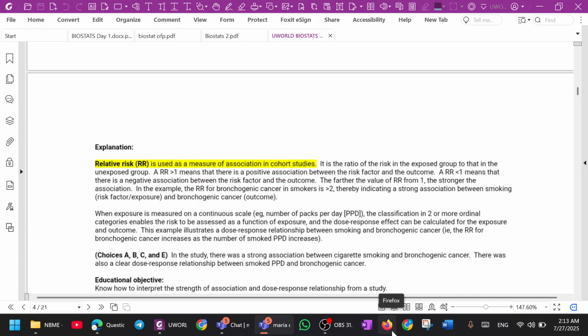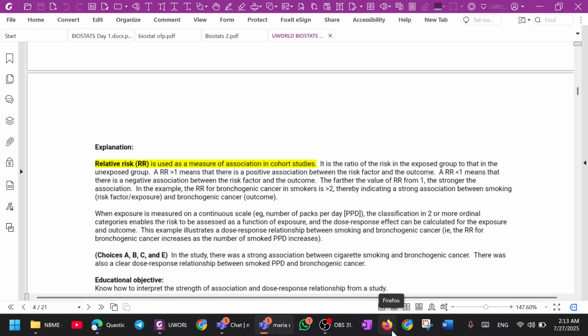Relative risk is used as a measure of association in cohort studies. It is the ratio of risk in the exposed group to that in the unexposed group. A relative risk more than one means that there is a positive association between the risk factor and the outcome.